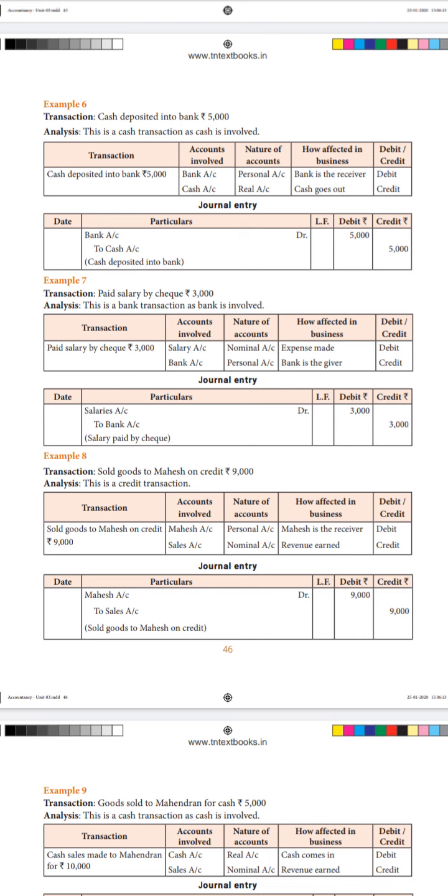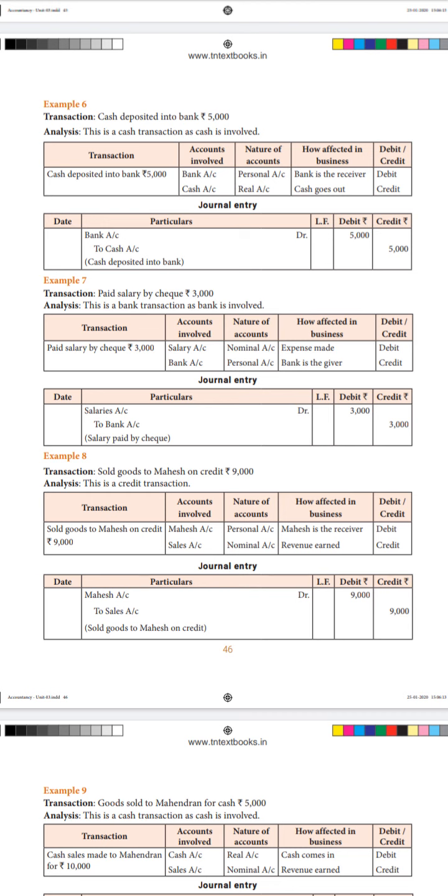Here we are paying salary by check, which means bank is going to pay the amount to our employees. We have just given the check and bank is going to pay the amount, right? So now bank is the giver here, so we need to credit the giver as per personal account rule.